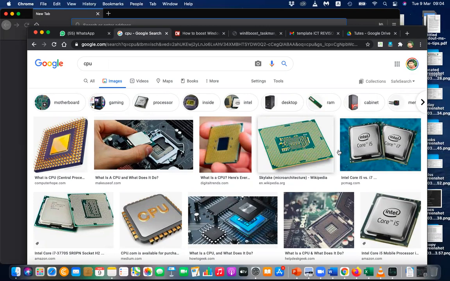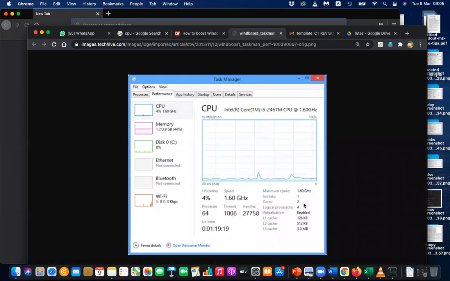But inside, for example, an i5 might have quad core, 4 cores, or dual core, 2 cores. In one socket, but 2 cores inside that CPU. So that is possible. Here in this image, it shows 2 cores. That means physically how many ALUs are there.